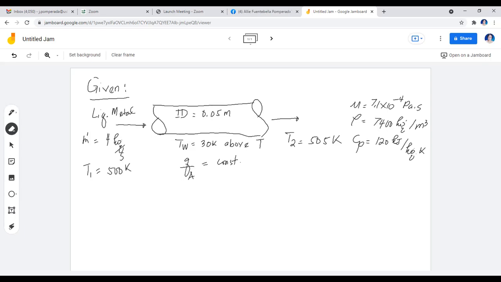This is just joule. So this is just joule. And another one, we have the conductivity. By the way, these are properties of your liquid metal whose identity is not specified by the problem. So you are required to find the length of this tube.